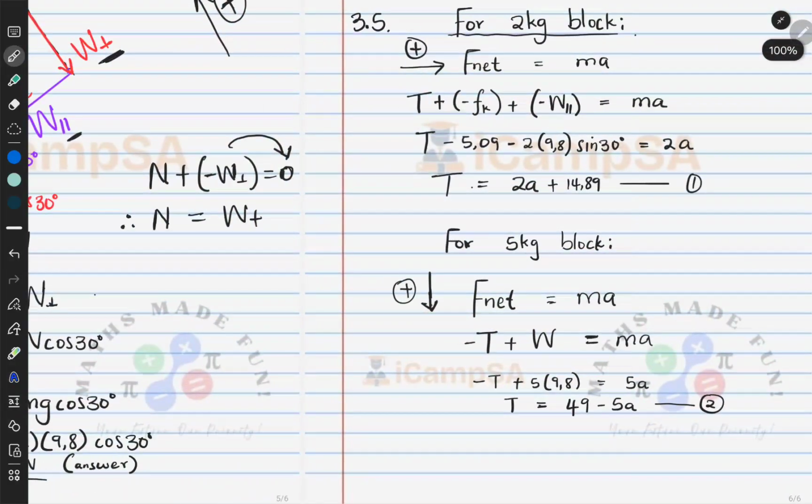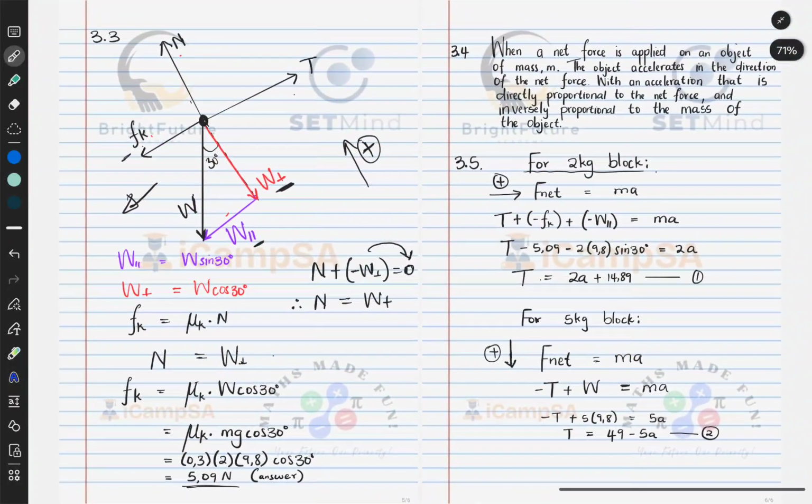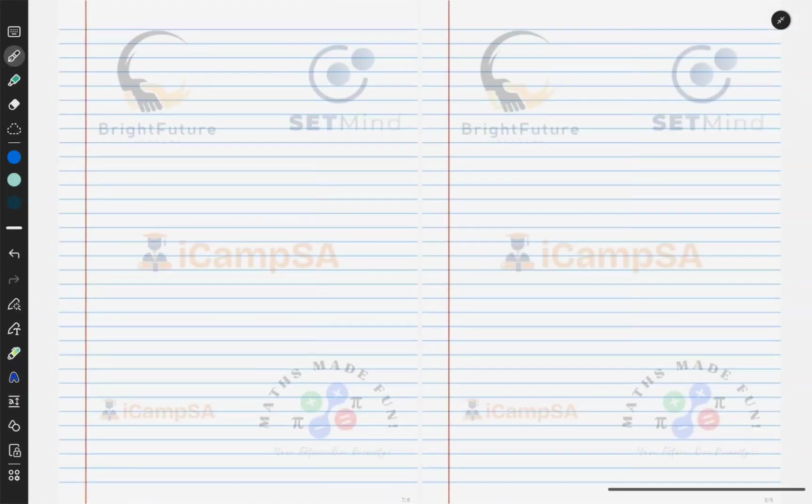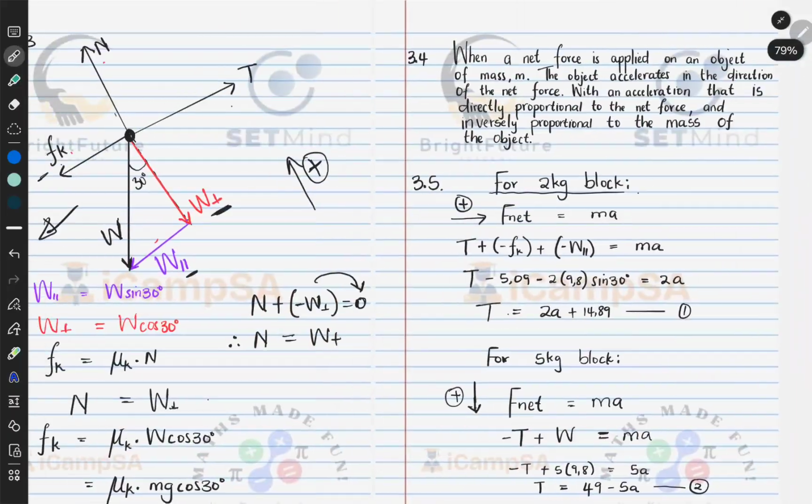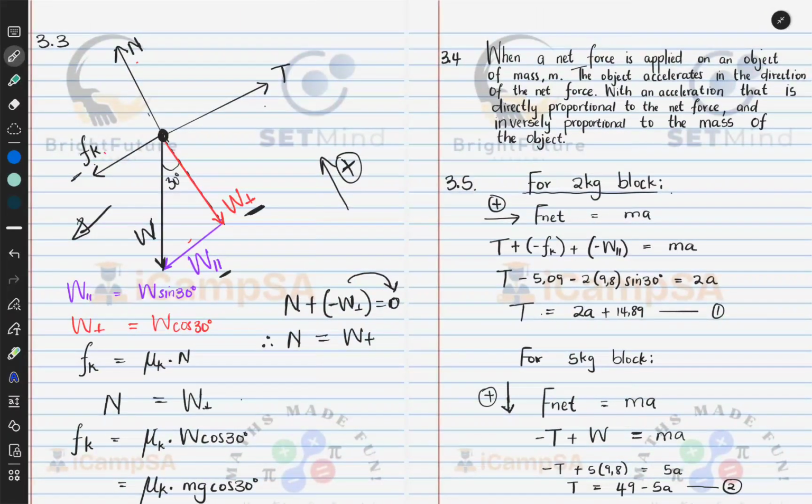Since we know that T is the same for the 5 kilogram block and the 2 kilogram block, we can simply equate equation 1 and 2 and solve for a as required by the question. Equation 1 and equation 2 are equal, which is something you'd also do in maths.